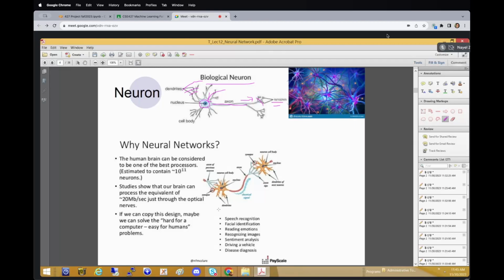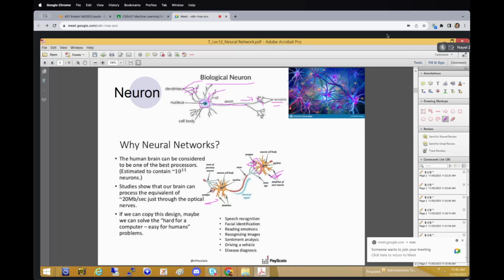Here we can see one neuron connected to another neuron, through the synapse and the dendrites, sending and receiving information from one neuron to another.